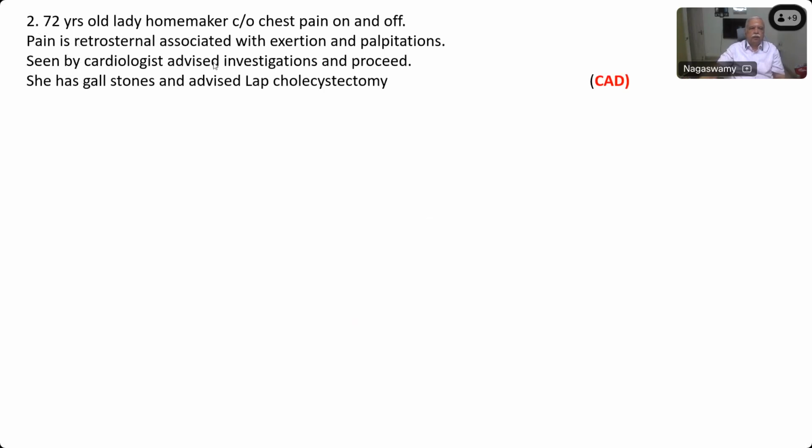The pain is retrosternal, associated with exertion and palpitations. Seen by a cardiologist, advised investigations and to proceed. She has gallstones and she is advised lap cholecystectomy. Okay. Now the first question is, analyze the problems in this case.